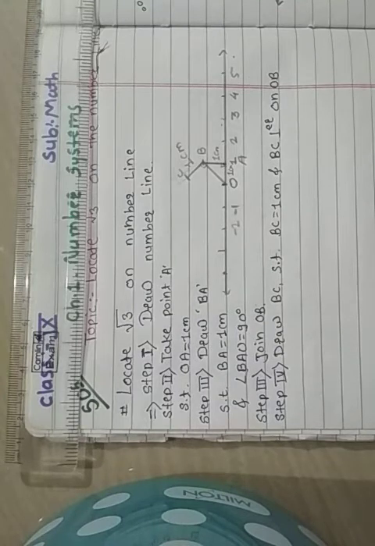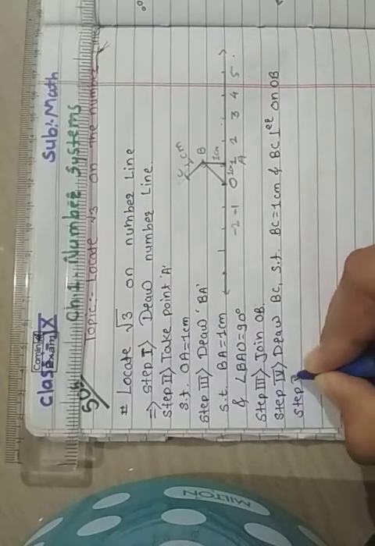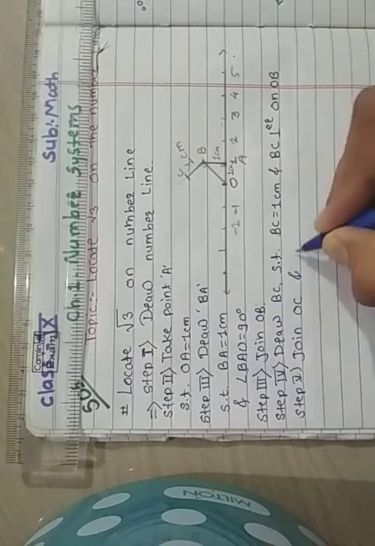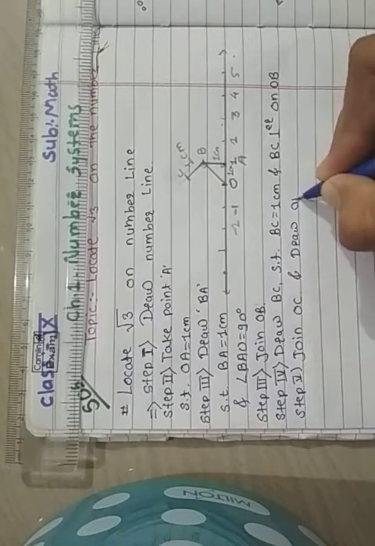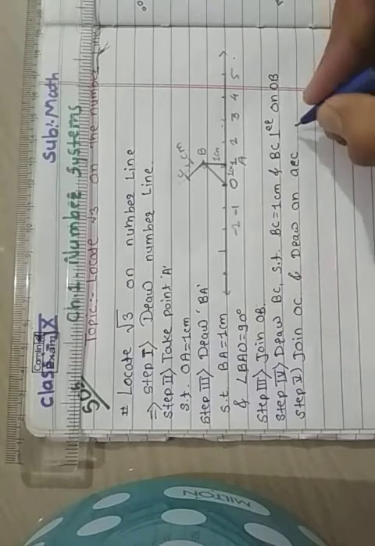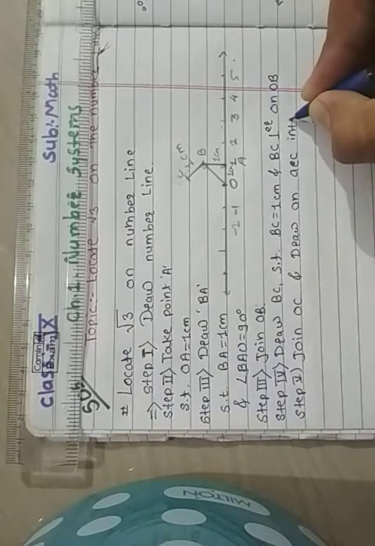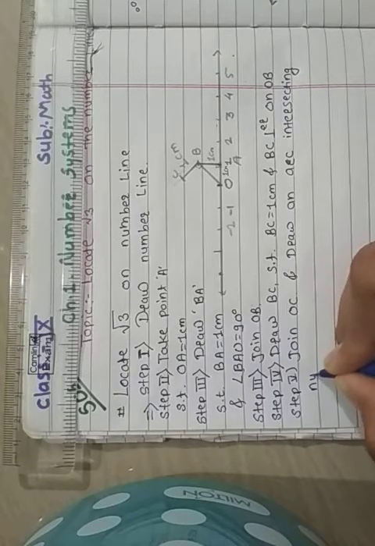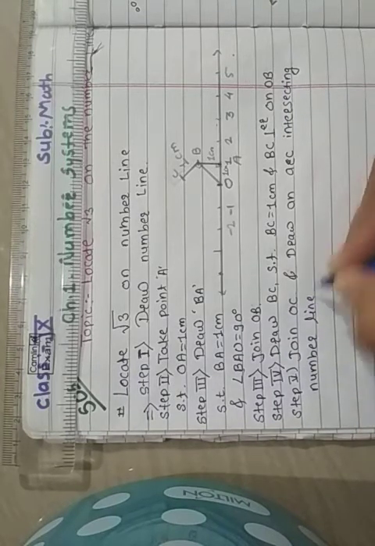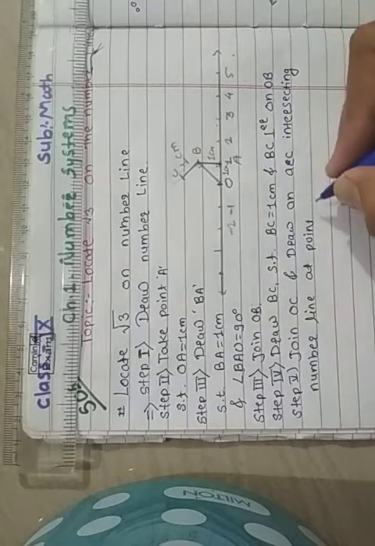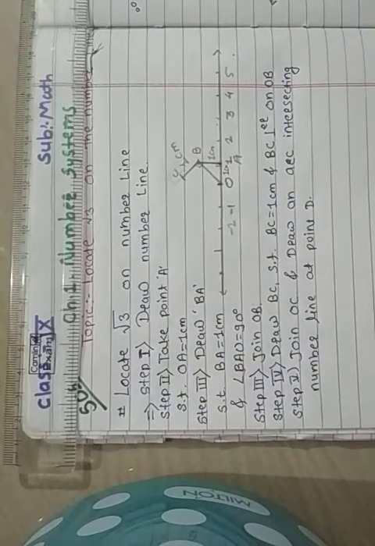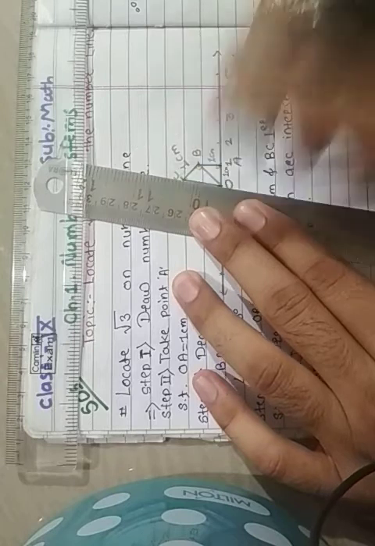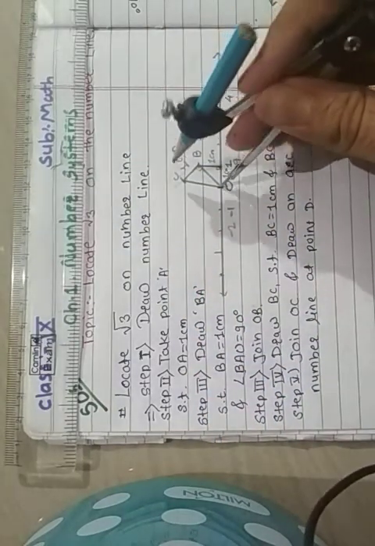Now our next step is step number 5. Join OC and draw an arc intersecting number line at point D, or you can use P also, but here I am going to use D. Now I just join OC and take the distance OC in your compass.